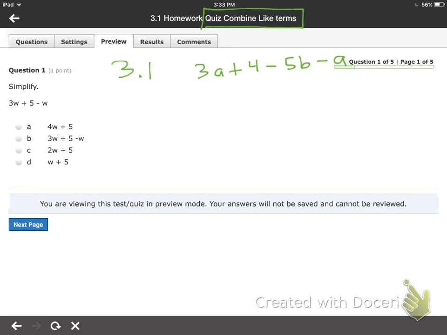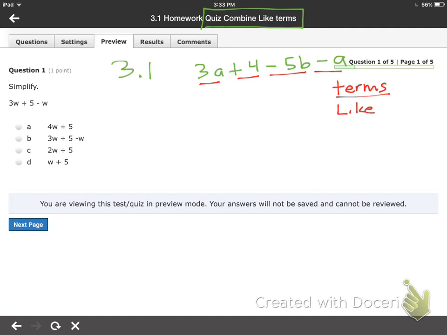Okay, so as we're looking at this, we've actually got 1, 2, 3, 4 terms.